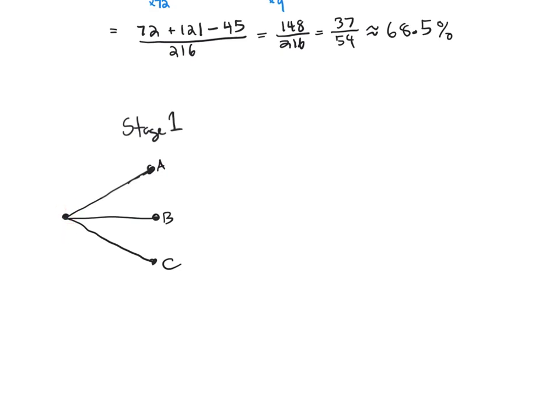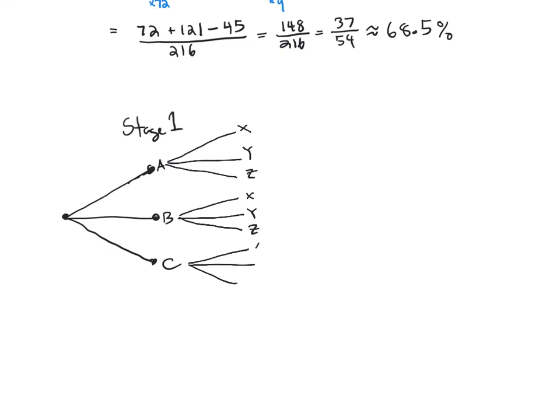And then, from each of the outcomes in the first stage, you're going to have more branches to each outcome in the second stage. Let's call them X, Y, Z if there were 3 of them. Maybe there's not. Maybe there's 2 or 4 or whatever. You just put how many there are. So, remember the probabilities that go on the branches for the first stage of the experiment are just the probability of doing that.